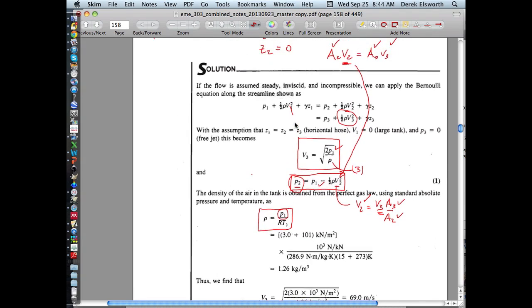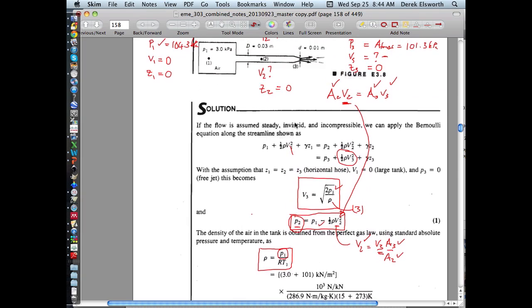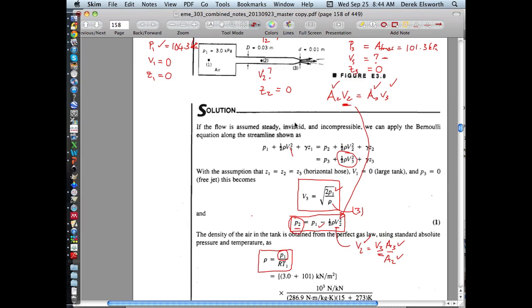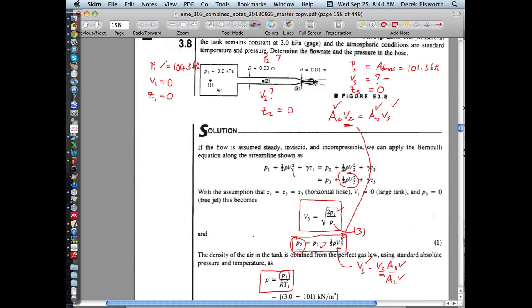So the main points, I think, are that in defining behaviors, you need to be able to write Bernoulli at different locations, and figure out when you know enough to be able to solve it. Here you know everything about it, so you have all 3 components known. Here you have 2 components unknown, and here you only have 1 component unknown. And so certainly you can solve between 1 and 3 to get the value of this velocity.